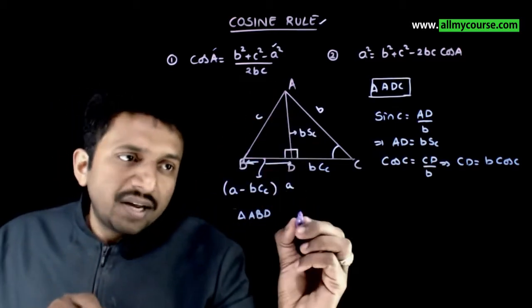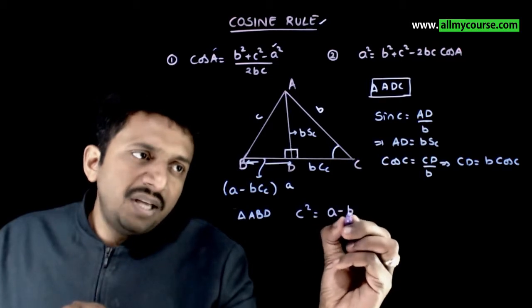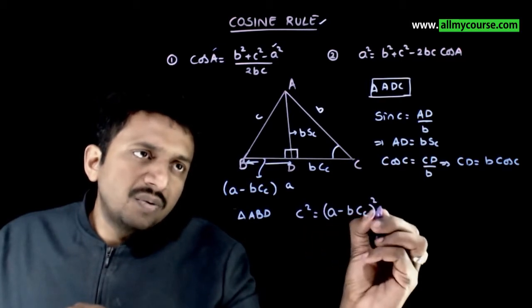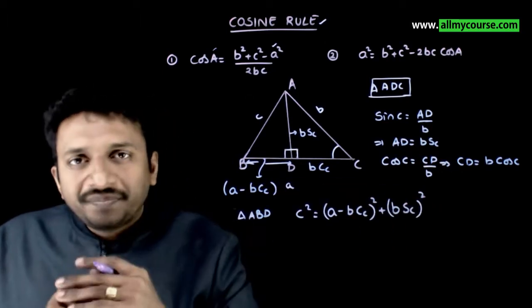So c square has to be equal to a minus b cos C whole square plus b sin C whole square.